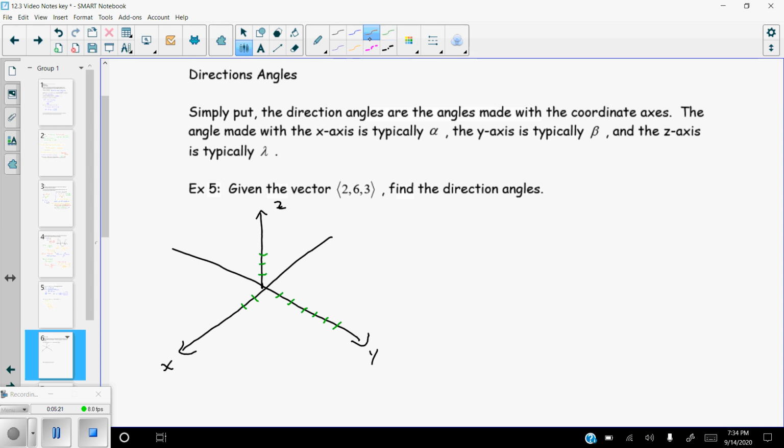If we trace this by using dots, staying parallel to the y-axis as best as I can, not the best job there, and then up 3 units: 1, 2, 3. Somewhere around here is going to be the tip, coming from the origin. It's going to look something like that.